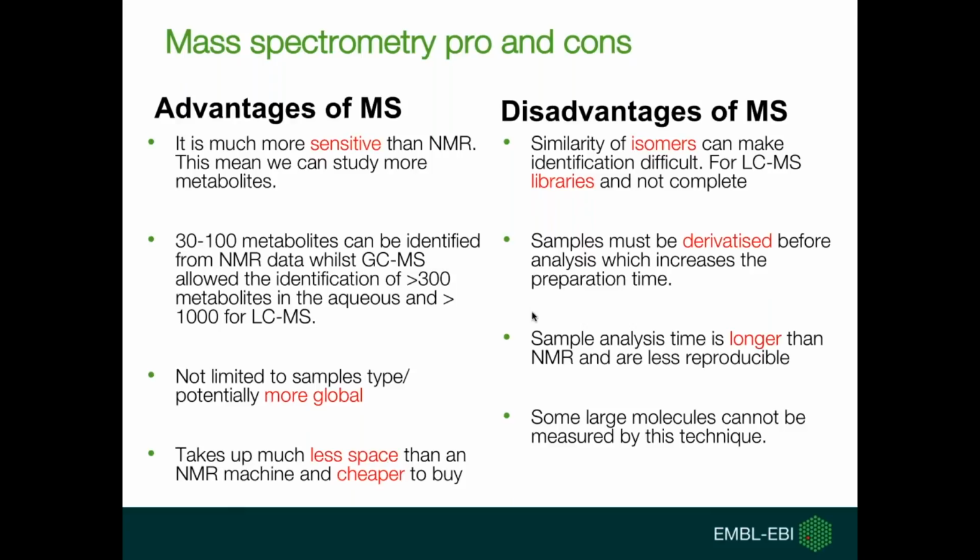Every step also introduces an error. The more analytical chemistry changes you do, the more you might introduce an error in your measurements. So in a sense, it requires more care in sample preparation, with a lot of steps, and it takes longer to analyze the data compared to NMR.